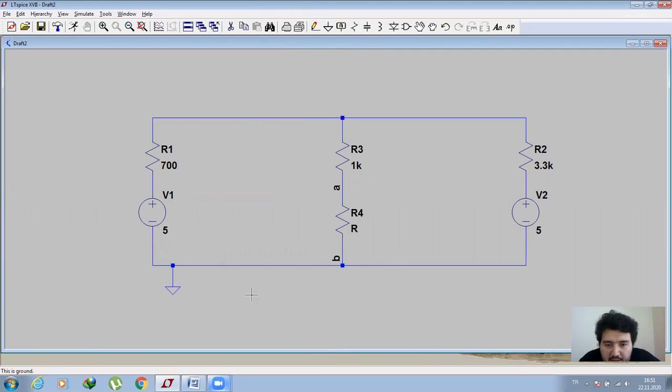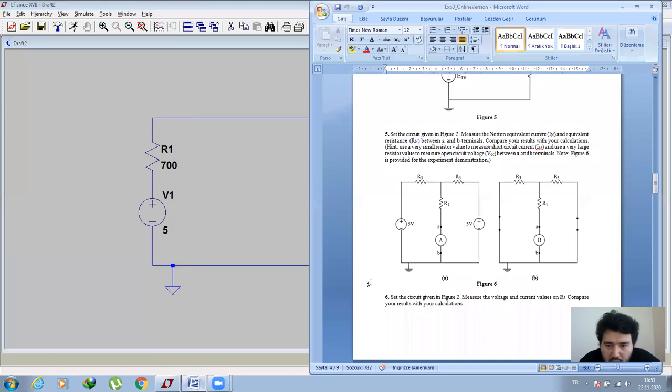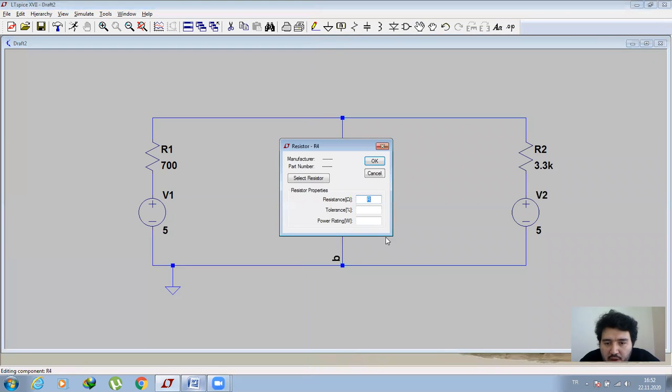As you can see, node B is equal to ground, and node A is here. I want to measure a current between A and B nodes. So I can assign a very small resistance to measure current, for example, 0.001.